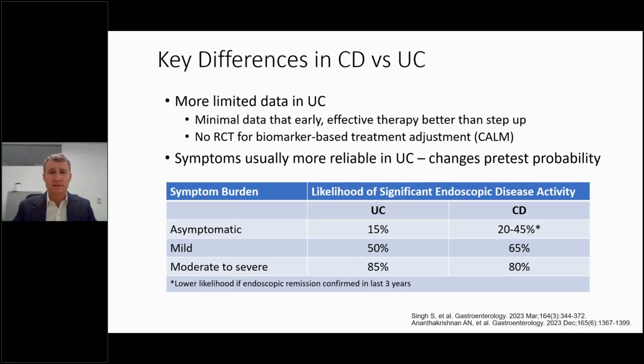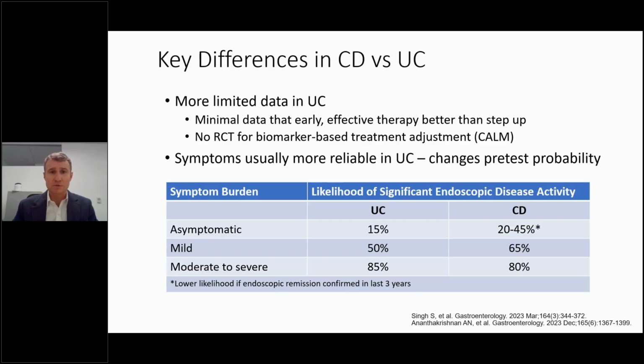So a little bit of a difference in ulcerative colitis versus Crohn's disease. There's actually some retrospective and post-hoc data that disease duration may not impact an individual's likelihood of response in ulcerative colitis as compared to Crohn's disease, which I showed you earlier. And importantly, we don't have a similar randomized controlled trial of a biomarker-based monitoring and treatment adjustment strategy a la the CALM study in ulcerative colitis like we do in Crohn's disease.